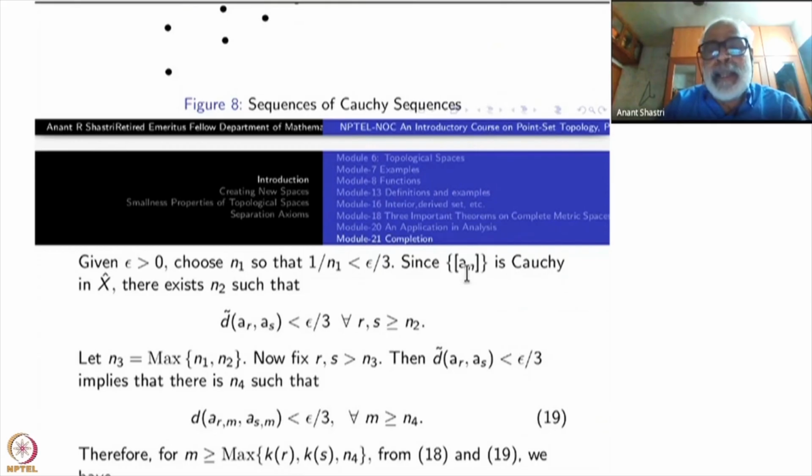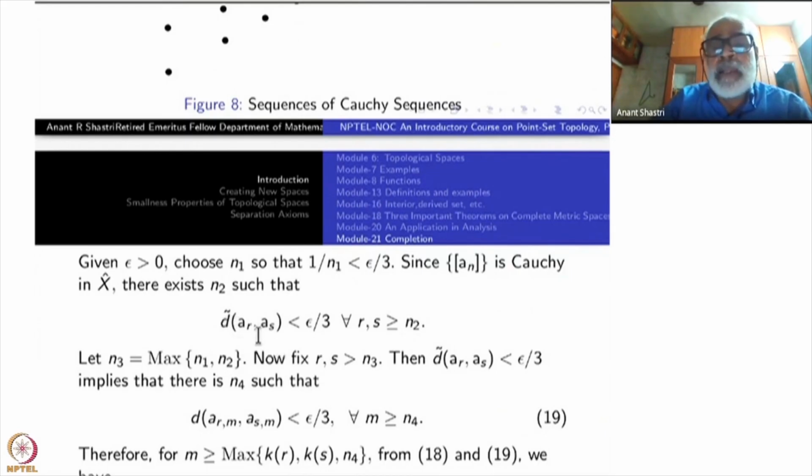These are classes, so if you put brackets, d hat of [a_r] and [a_s] is less than epsilon by 3 for r and s bigger than or equal to n_2. But I don't have to put the hat here. I can directly put d twiddle of a_r and a_s.